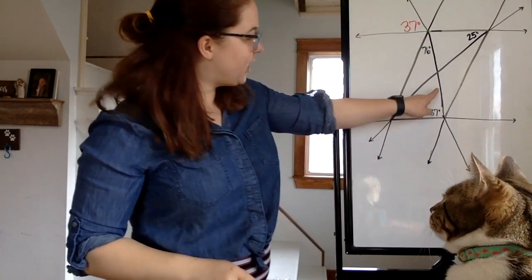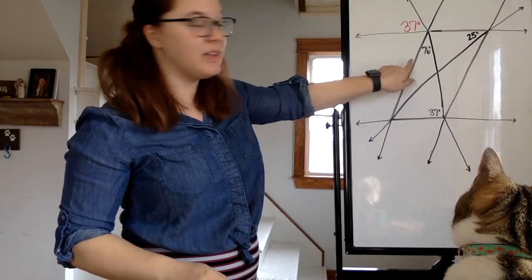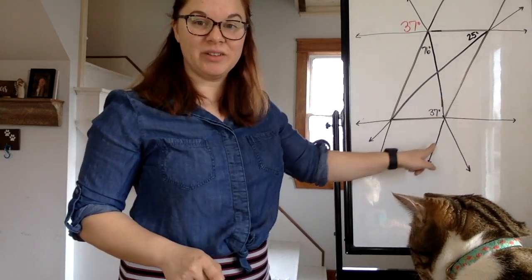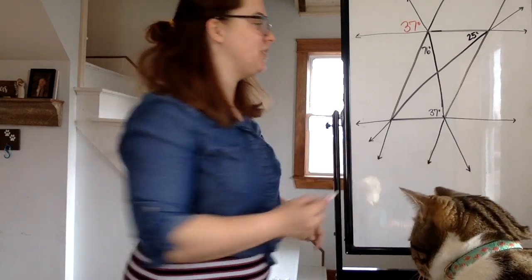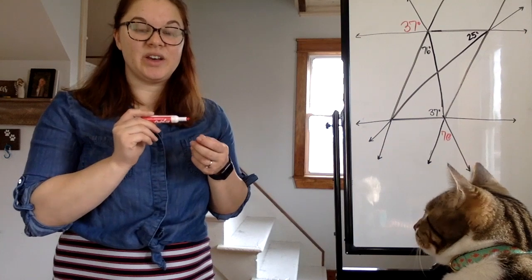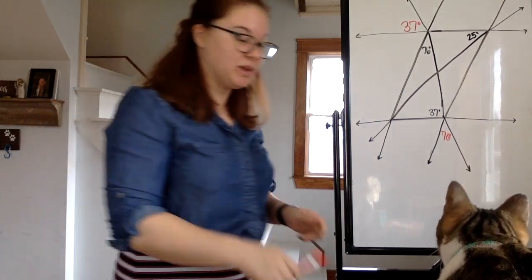I know that when this line, this transversal, hits this parallel line, it's 76 degrees. Here's that other parallel line. So this one must be 76 degrees. I then can use the idea of vertical angles to figure out a couple more angle measures.